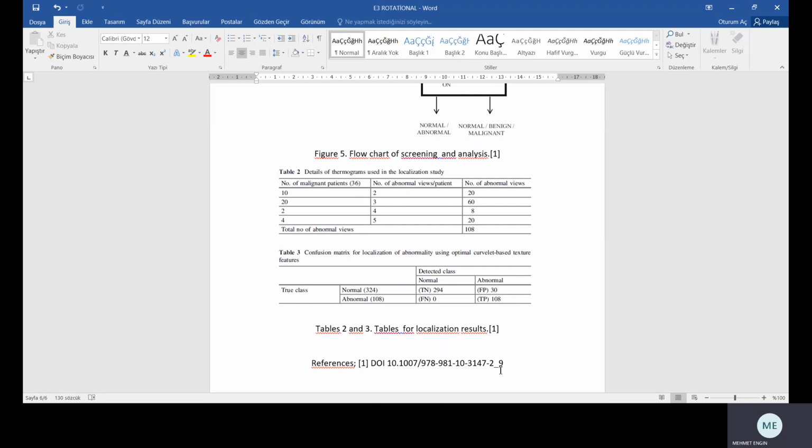The ability of rotational thermography for detecting malignancy from normal and benign conditions has also been found to be effective. Localization of the abnormality is a promising area for further research in rotational thermography.